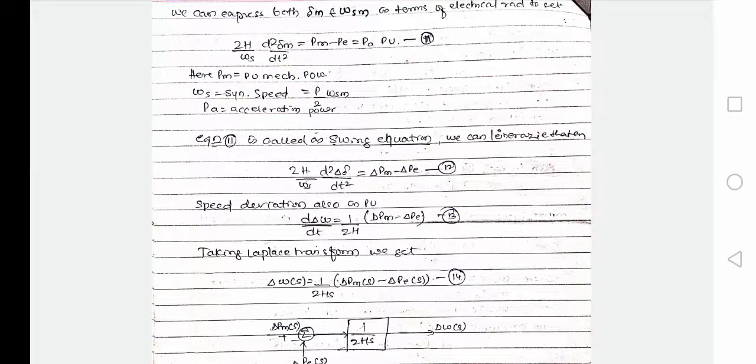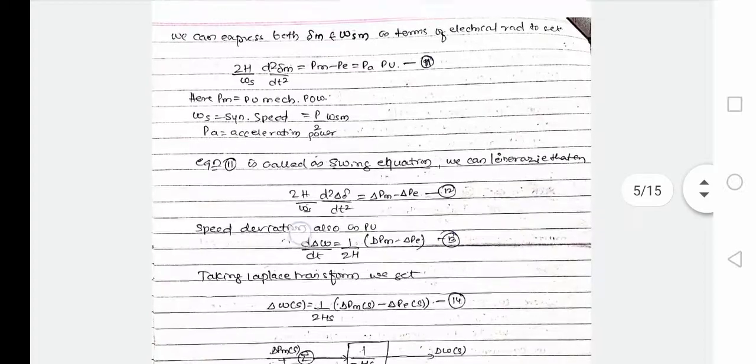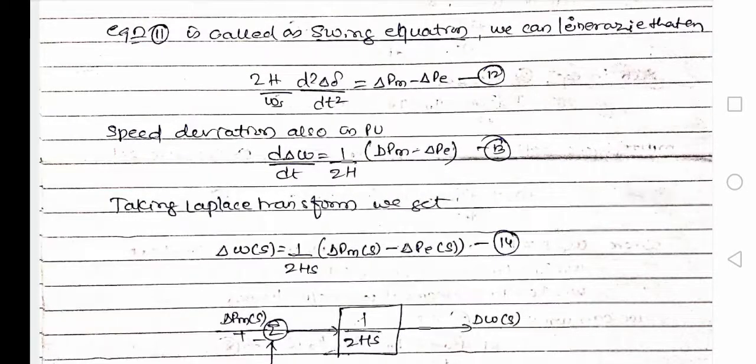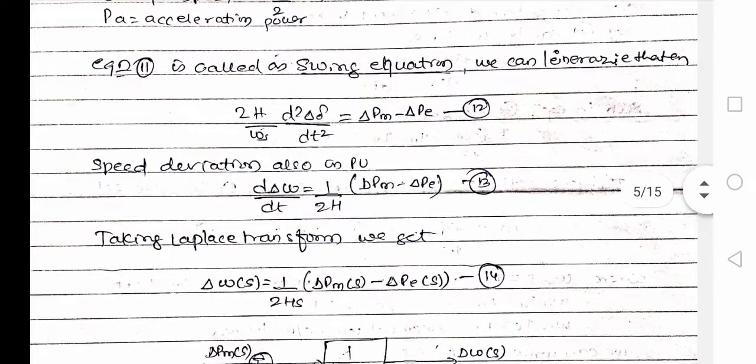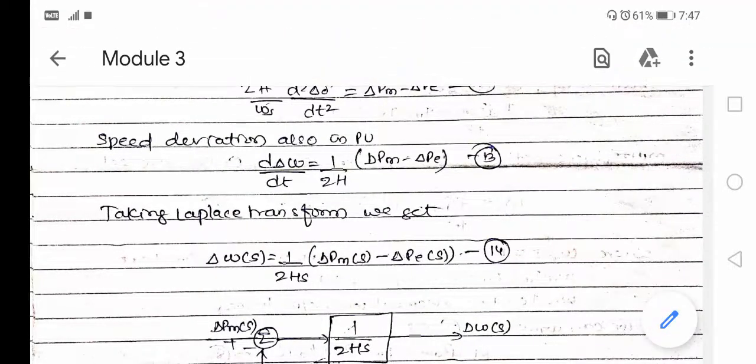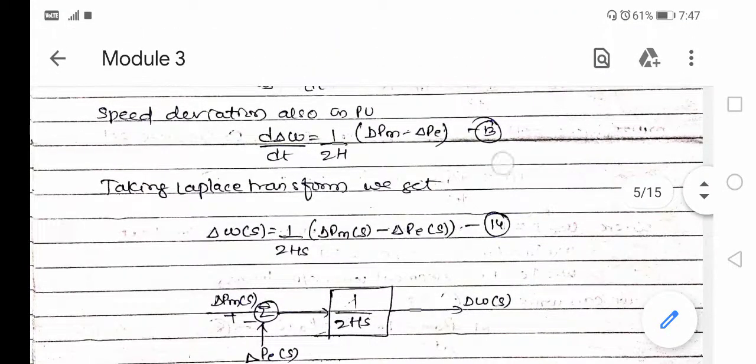After this, the speed deviation also can be derived in terms of per unit, the speed deviation of the generator. So that can be written as d delta omega divided by dt is equal to 1 divided by 2H of delta Pm minus delta Pe. Take it as equation number 13.